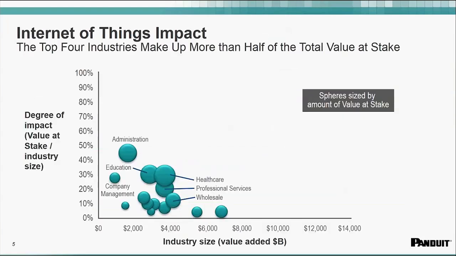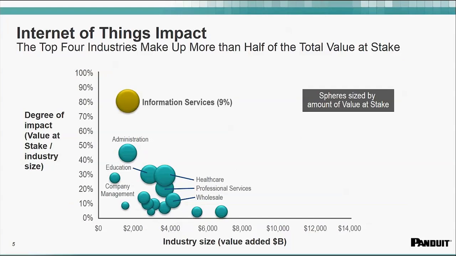So let's take a look at the breakdown of where IoT is being deployed and the value it brings. The blue circles represent the smallest portion and collectively less than half the value, where each blue circle is 5% or less. The sphere size shows comparative value, where the larger the sphere, the greater the value for the industry.